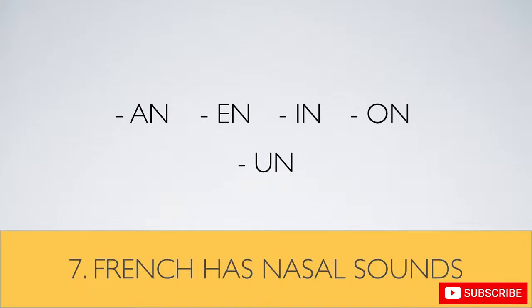But just remember that you're not actually pronouncing the N in most of these cases. It's like a very faint N sound. The reason why they're called nasal is because you use both your nose and your mouth to produce the sounds. It's something that comes naturally, you don't have to really focus on it, but that's why they're called nasal sounds. So en, on.